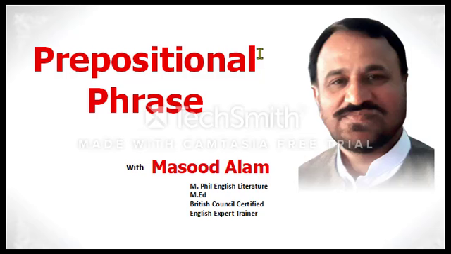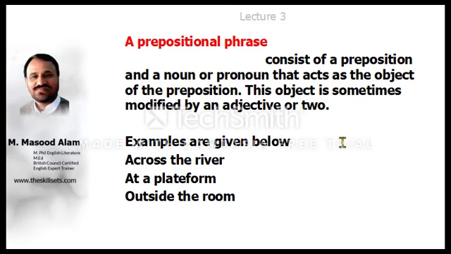Okay, listeners, I will take you towards the main topic, towards the slide. A prepositional phrase consists of a preposition and a noun or a pronoun that acts as the object of the preposition.